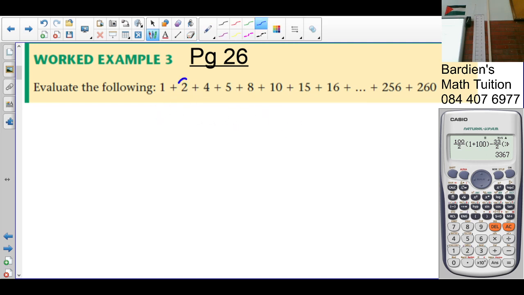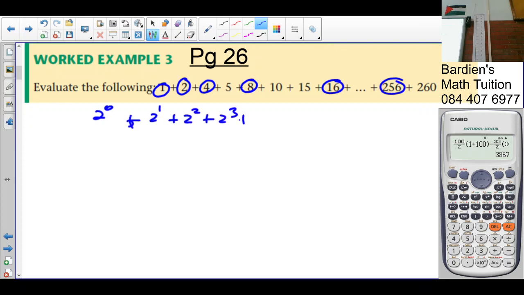What do you notice about the relationship between 2, 4, 8, 16? Square, yes. 2 squared. 2 cubed. 2 to some exponent. So this could be 2 to the 0 here. So 2 to the 0 plus 2 to the 1 plus 2 to the 2 plus 2 to the 3 plus 2 to the 4 plus 2 to the 5, 6, which is 2 to what exponent?